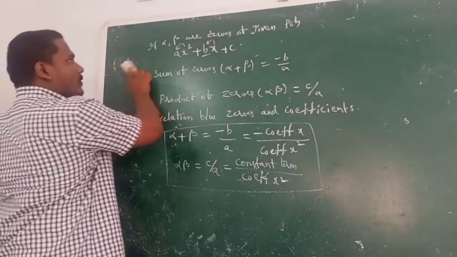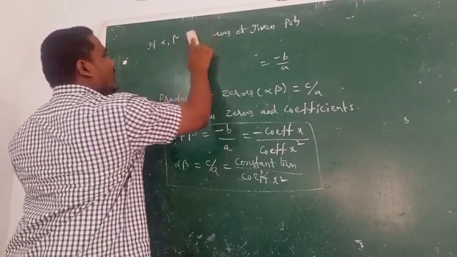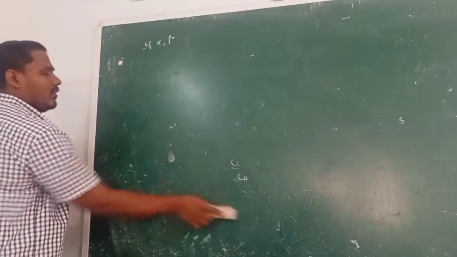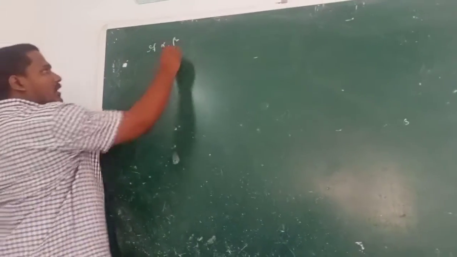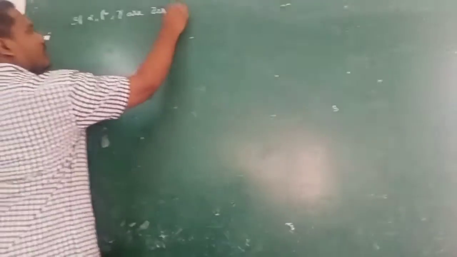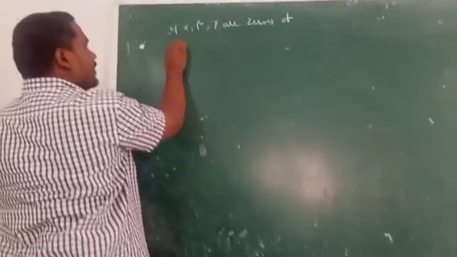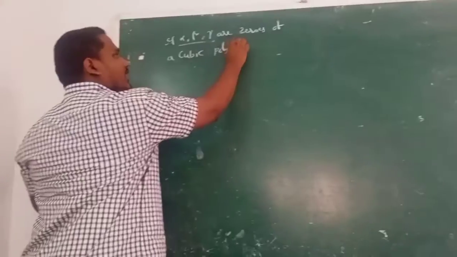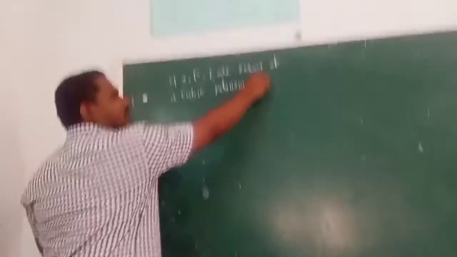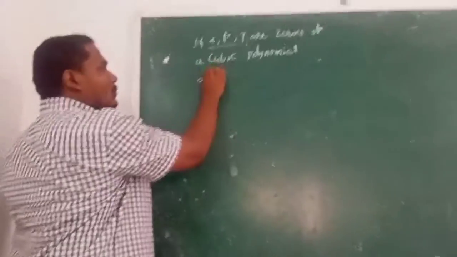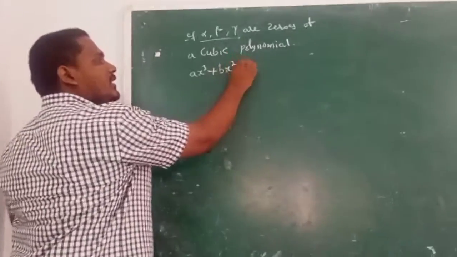Next, if alpha comma beta comma gamma are zeros of a cubic polynomial, here three zeros are there. Therefore we are taking degree 3. If the degree is 3, then that polynomial is called a cubic polynomial: ax cube plus bx square plus cx plus d.